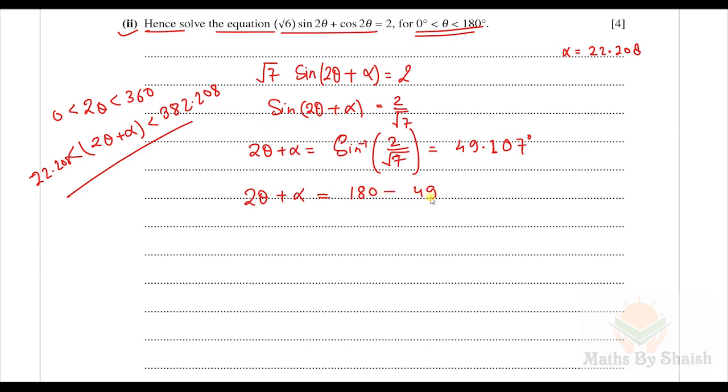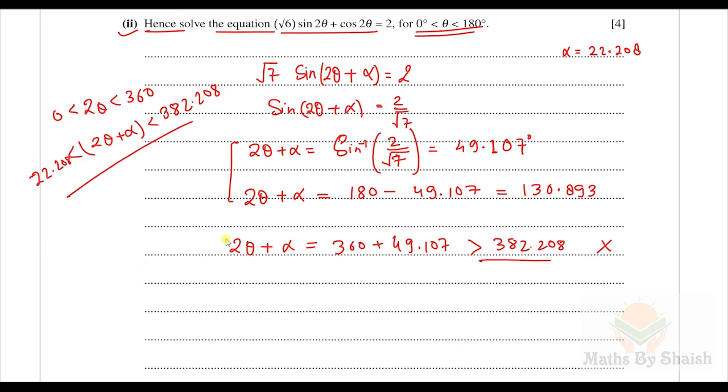So 180 minus 49.107 is 130.893. Next, because this is still less than 382, the next angle would be 2 theta plus alpha equal to 360 plus the previous angle. 360 plus 49.107 would be more than 382.208, so we will not consider this.